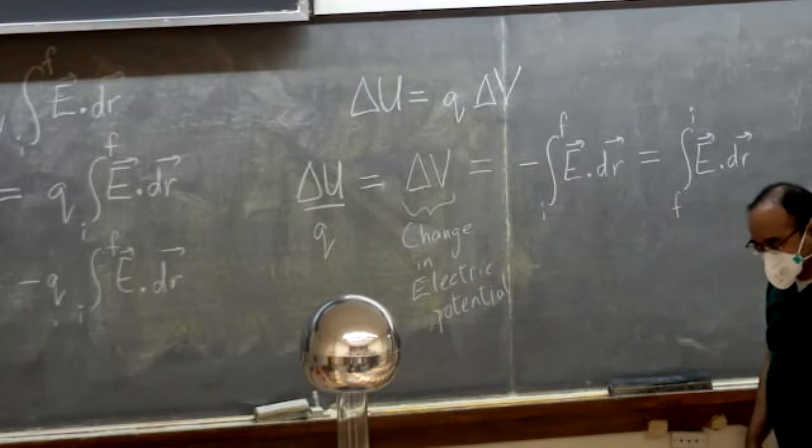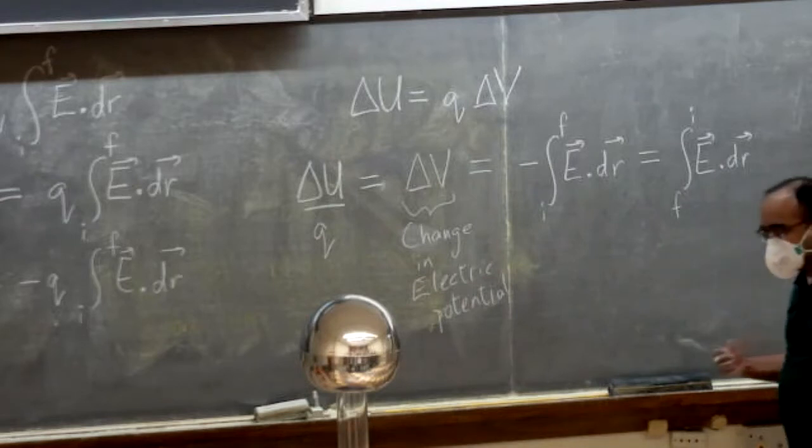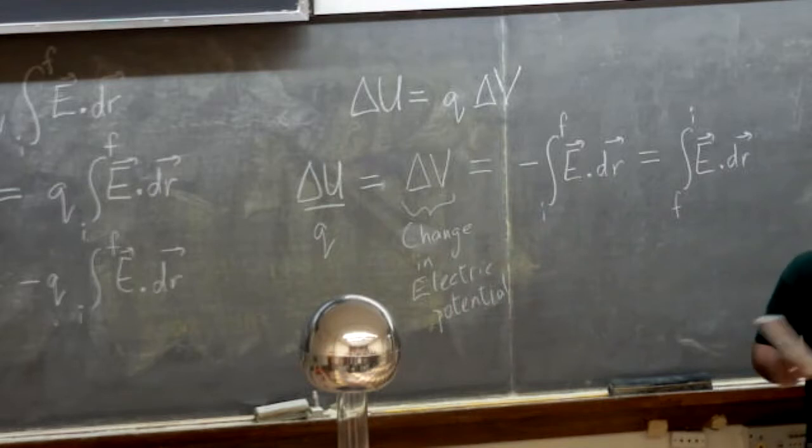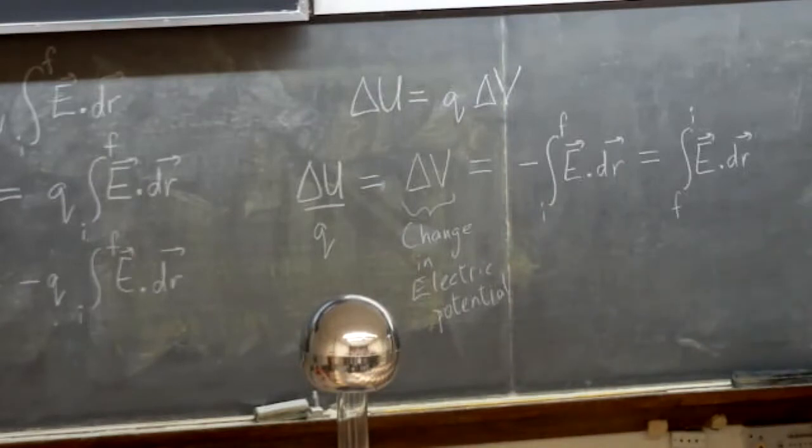What I will say is this. Remember how when we were talking about forces and fields, we started with the idea that there are two point charges and one exerts a force on the other. Then we said, no, that doesn't seem like a great picture.